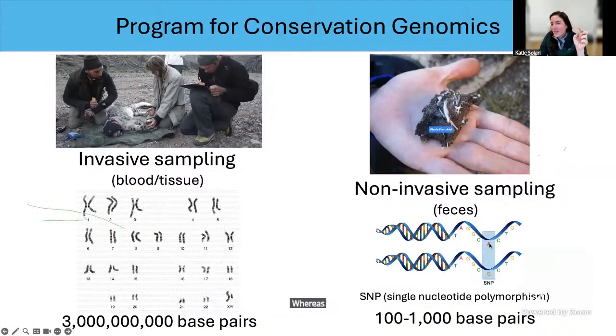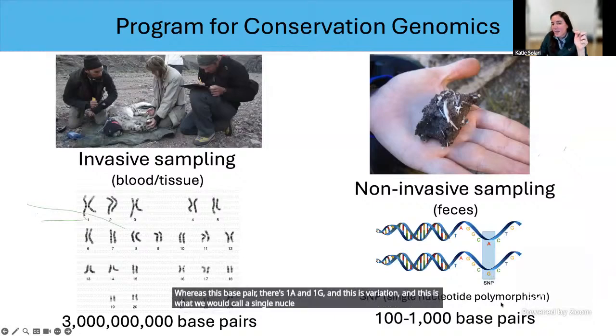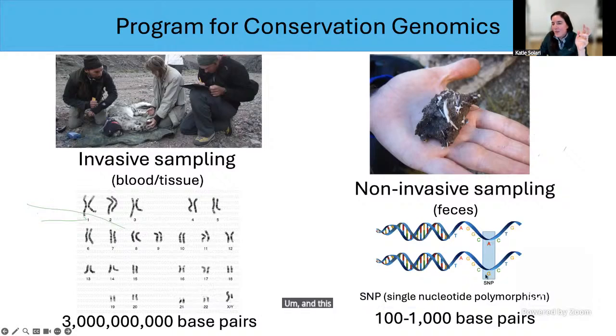Whereas at this base pair, there's one A and one G, and this is variation. This is what we would call a single nucleotide polymorphism, or a SNP. And this is informative because it differentiates these two individuals. So what we can hope to get from a fecal sample like this is 100 to 1,000 SNPs.